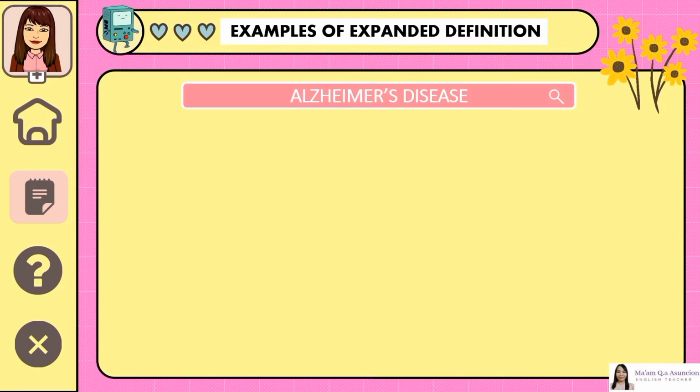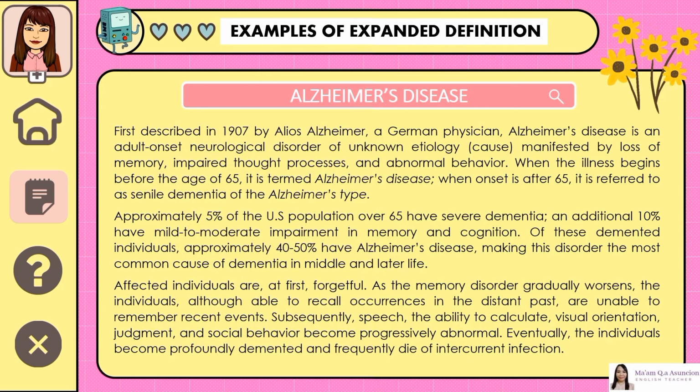Let's have another example, Alzheimer's disease. First described in 1907 by Alois Alzheimer, a German physician, Alzheimer's disease is an adult-onset neurological disorder of unknown etiology or cause, manifested by loss of memory, impaired thought processes, and abnormal behavior.